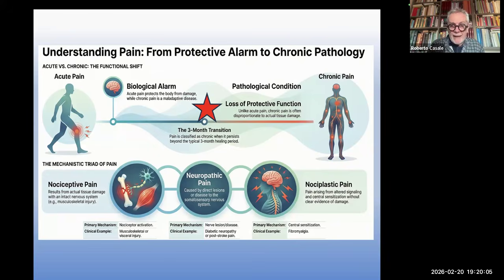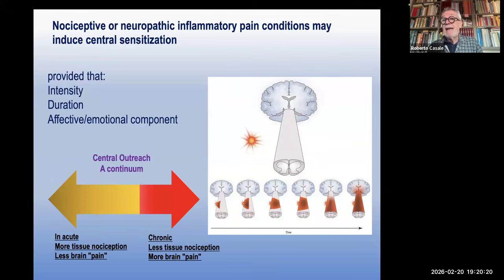So, on the back of the slide, nociceptive, neuropathic, and nociplastic: the mechanistic triad of pain. As I said, and again I want to stress, both nociceptive pain, like inflammation or traumatic pain, as well as neuropathic pain, like diabetes or a localized nerve lesion, may induce central sensitization.